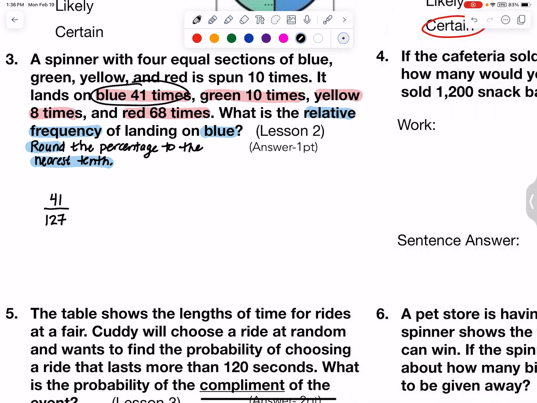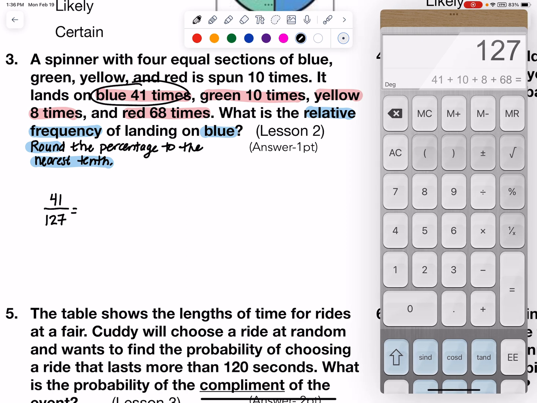Okay, so there we go. All right, and let's go ahead and turn this into a decimal. So we have 41 divided by 127. And we get this long decimal. So this is where you have to be careful with your rounding. So 0.3228, and I'm going to stop after 4 spots.